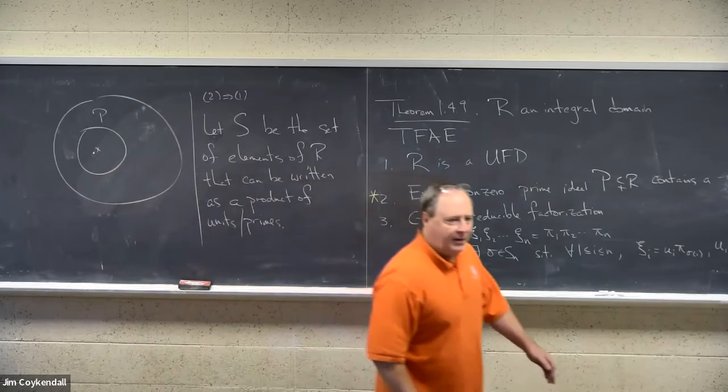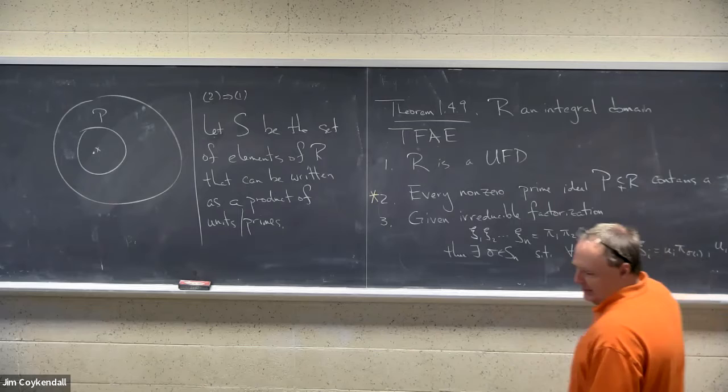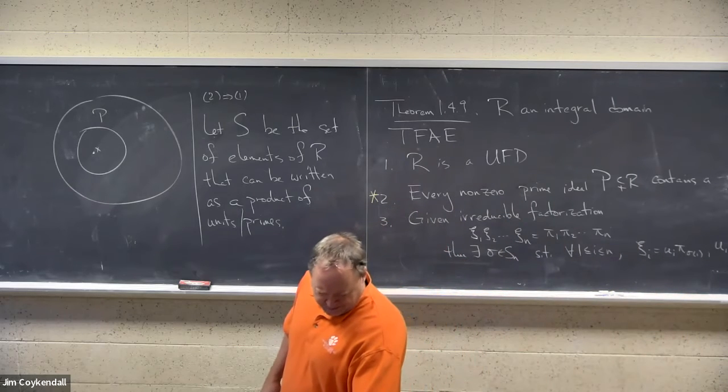Let me tell you what I mean by this. Basically, what S is, it is the smallest multiplicative set that contains all the units and all the primes. So it's everything in there. It's either a unit, it's a product of units, or it's a product of primes. And the units times primes is a product of primes as well, right? This is like that multiplicative set that we discussed in, I think it was 147.